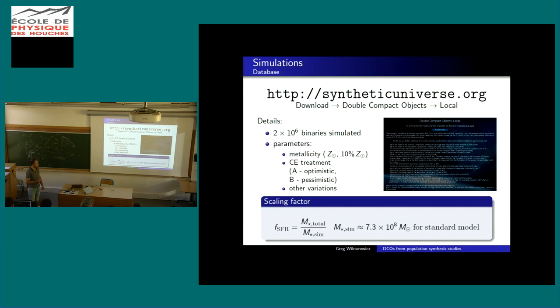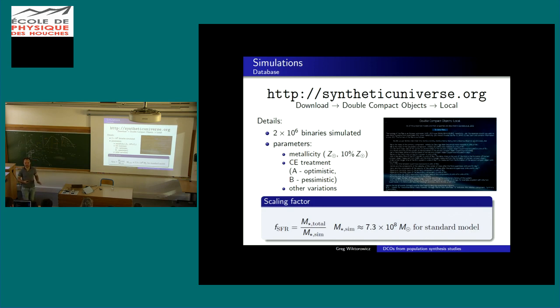It's pessimistic because, as you will see, we always get lower merger rates in these B models than in A models. We have also other varieties there, probably about 15.